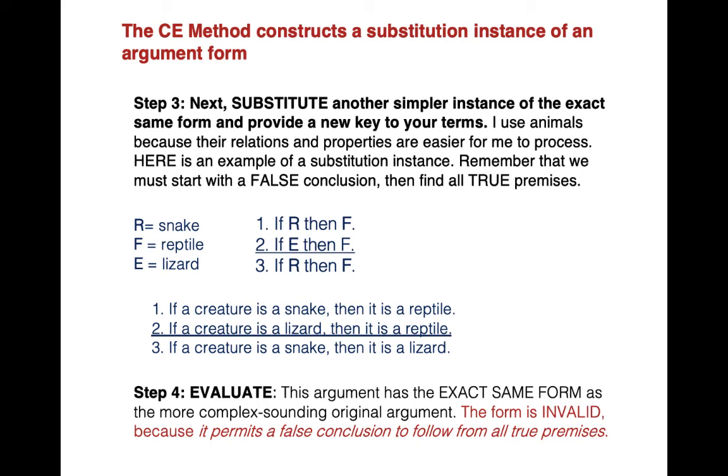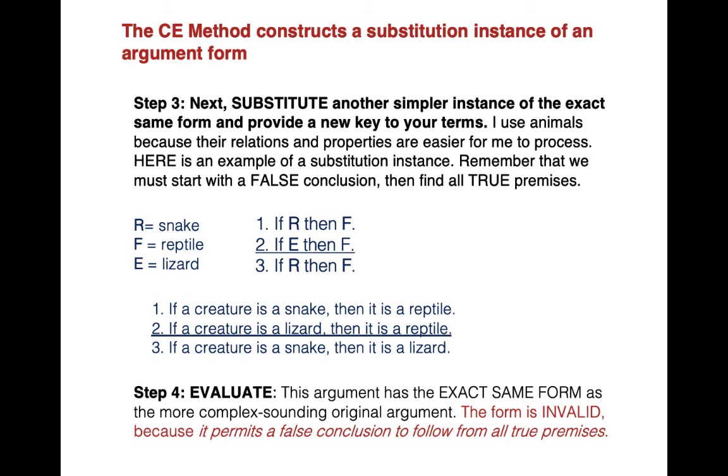Let me think. Yes, that's true, right? We want that. Another way to say this is that all snakes are reptiles. Okay, fine. If a creature is a lizard, then it's a reptile. So all lizards are reptiles. All lizards, yes. Even Godzilla, right?